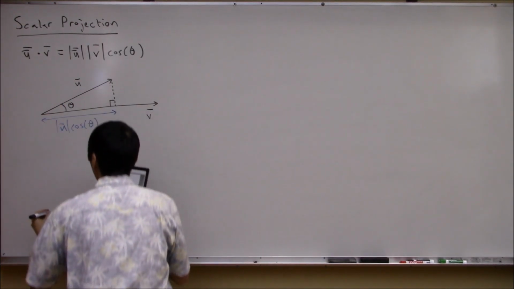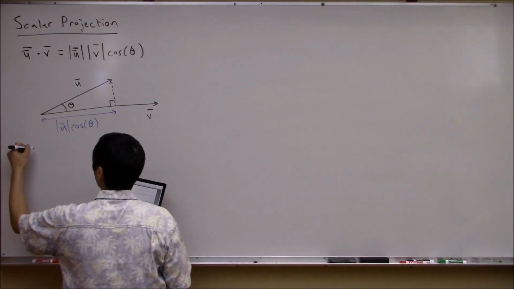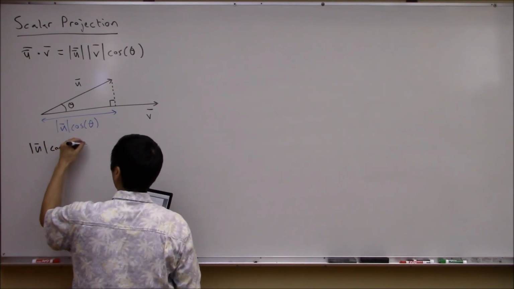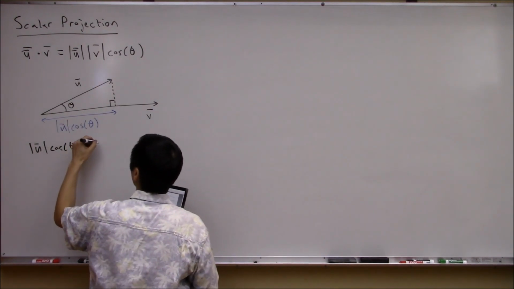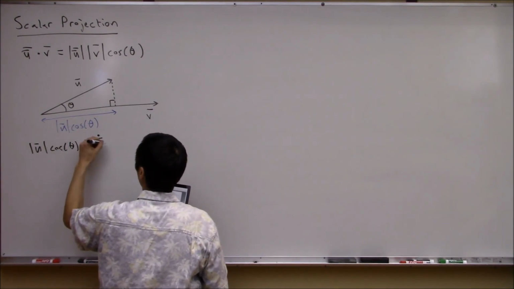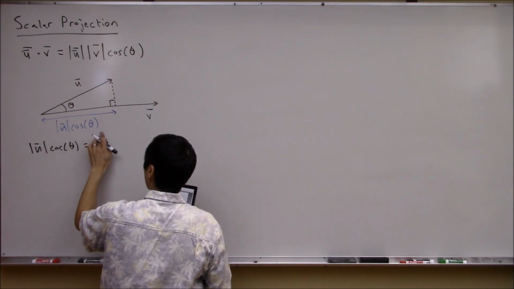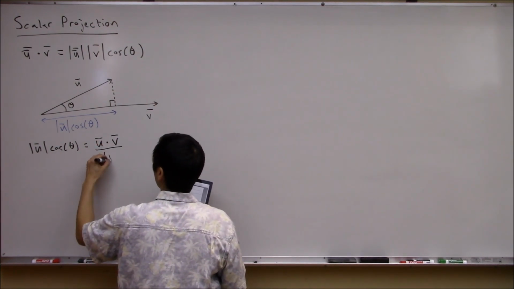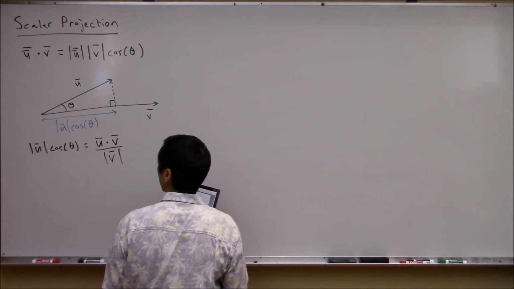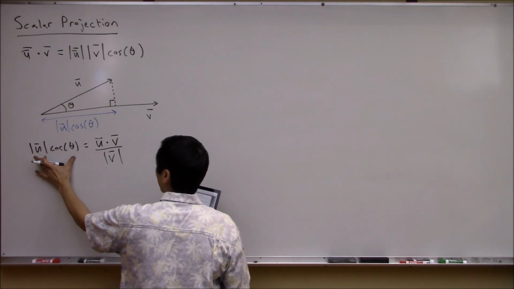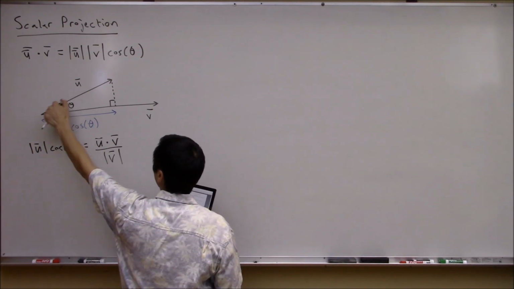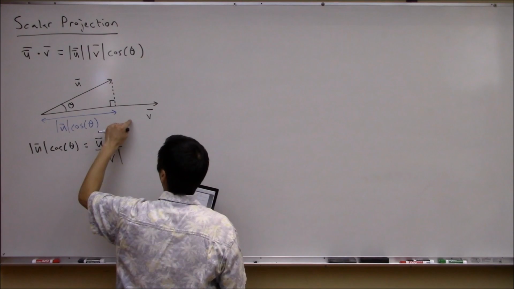What I end up with is magnitude of u times cosine of theta is just u dotted with v divided by magnitude of v. And again, this thing on the left side is literally the length of the projection of u onto v.